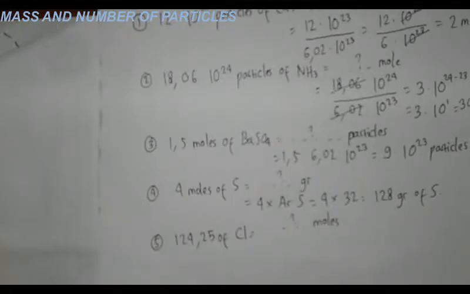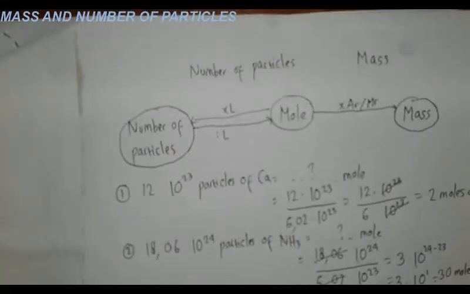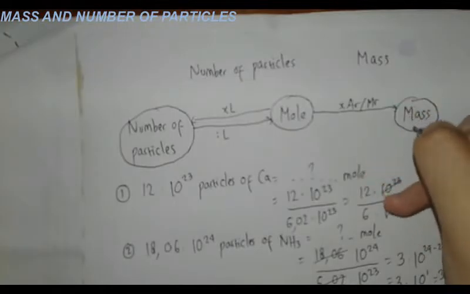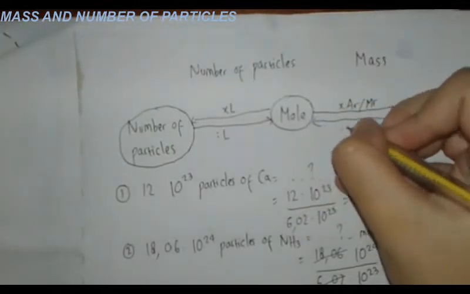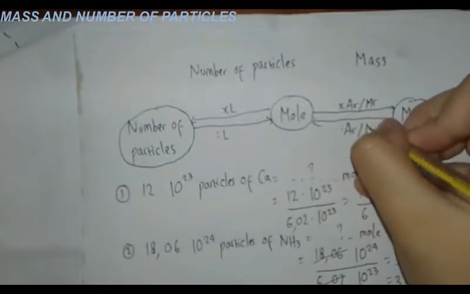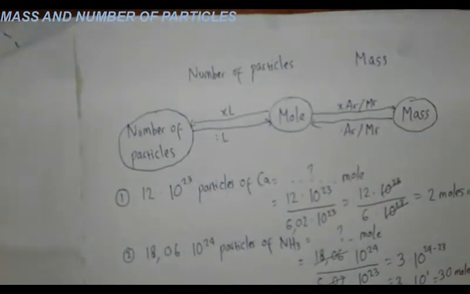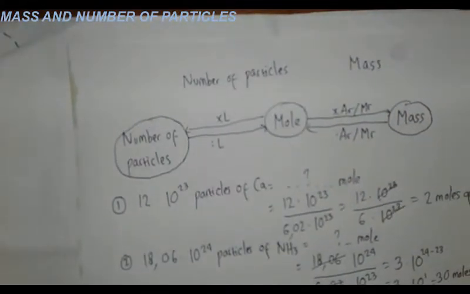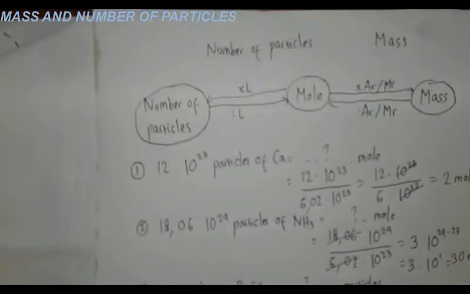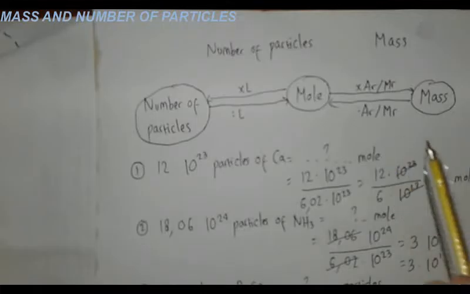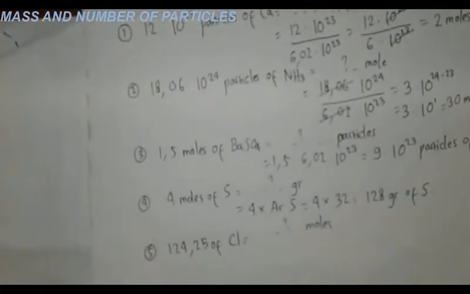Based again on my bridge in the last video, if you need to convert mass to mole, we divide the mass by the atomic relative mass or molecular relative mass. In this case chlorine is an atom, right? So we take the mass divided by the atomic relative mass of chlorine.